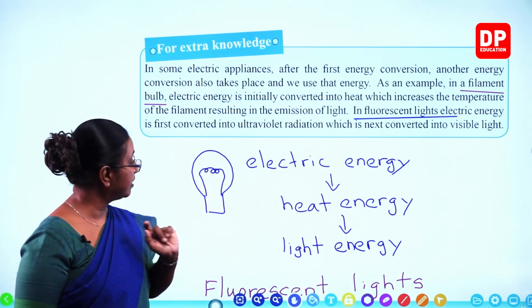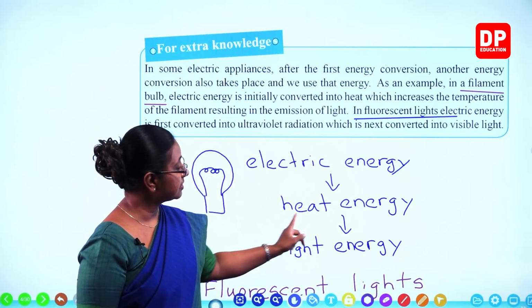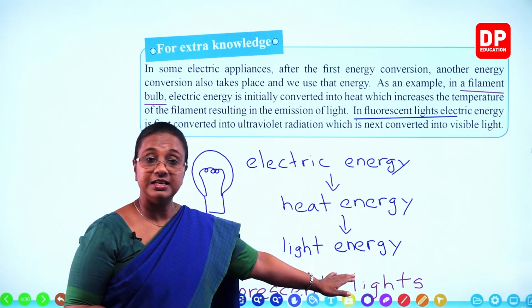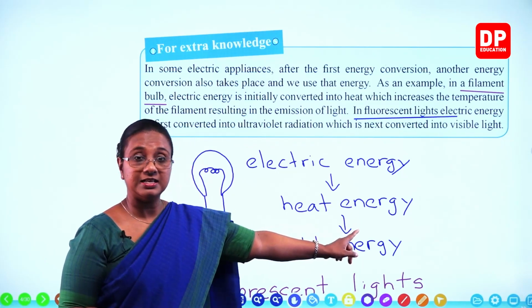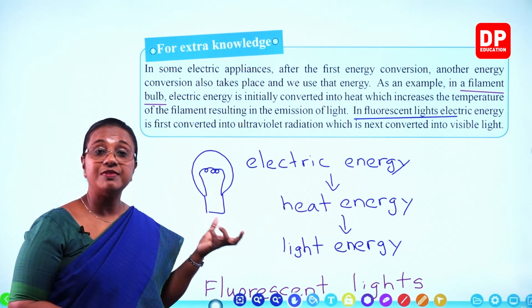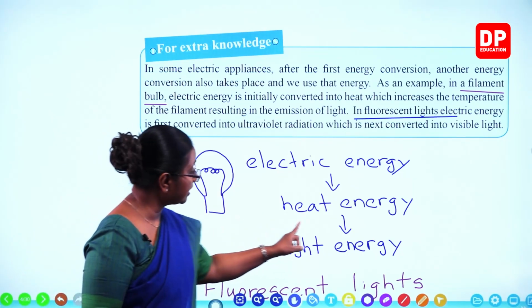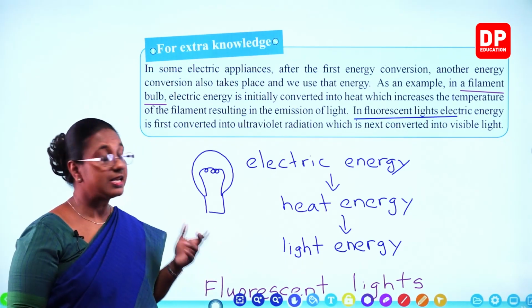One energy conversion, let's say in an electric bulb or filament bulb, electric energy is converted to heat energy first. And thereafter only we get it as light energy. Now here the first step is heat energy. That is why after we use a filament bulb for some time, if you touch it, it will be hot, because there is heat energy generated and then it is converted to light energy.